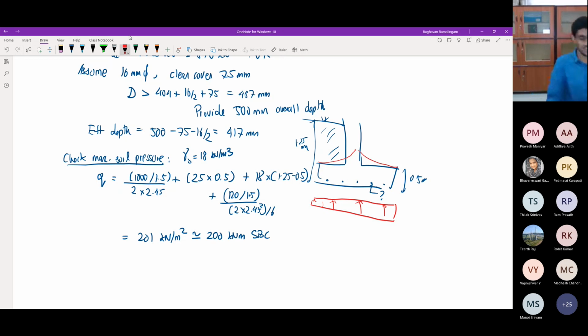So the moments have to be known to us in order to find the reinforcement. So design of flexural reinforcement. Here the only difficulty is in calculating the moment because you have a trapezoidal load. But once you calculate it, then it's just like designing a one-way slab.